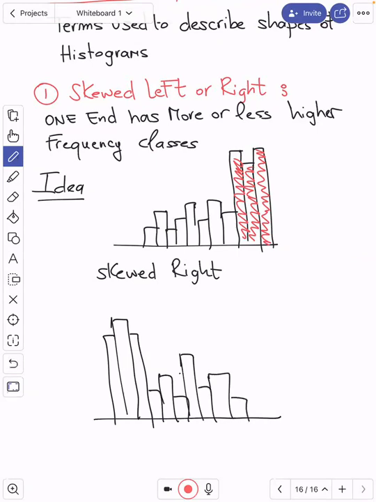This one would be skewed left, because again, the classes with the highest frequency are on the left side, right? Like these 3 classes right here. They have the highest frequencies, okay?